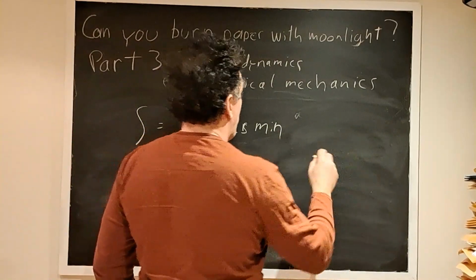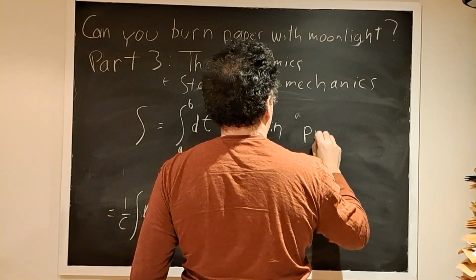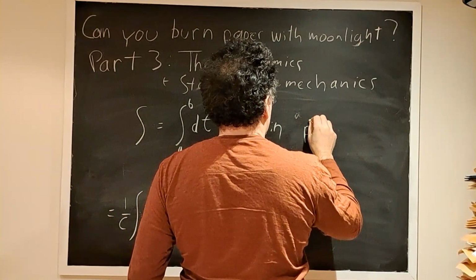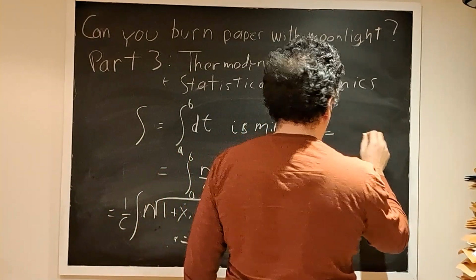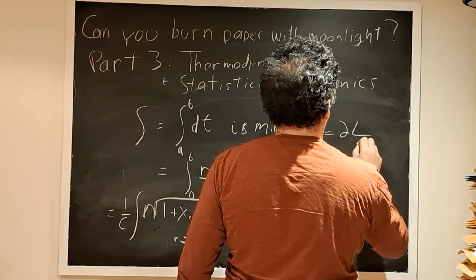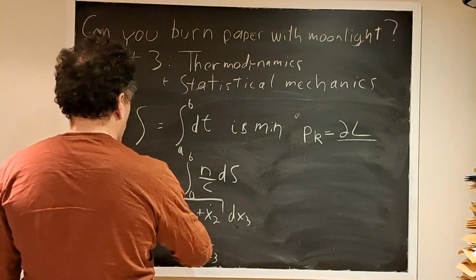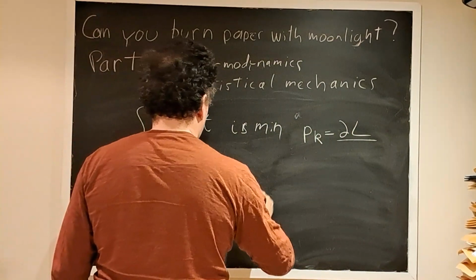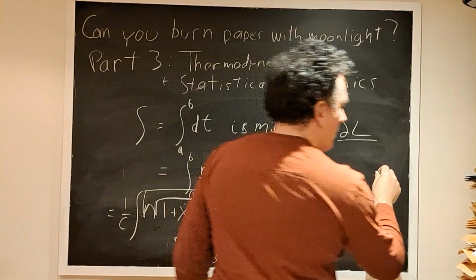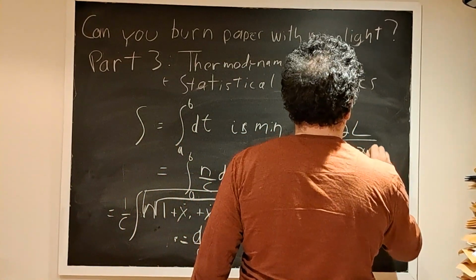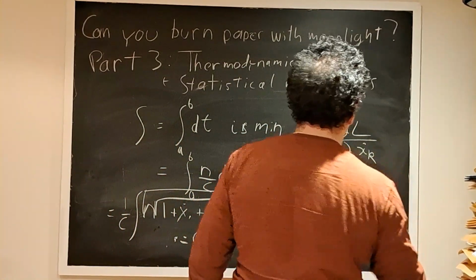We can define a momentum in the direction k as being equal to the partial derivative of the Lagrangian, which is L, that's what's inside our action here, with respect to x dot k.